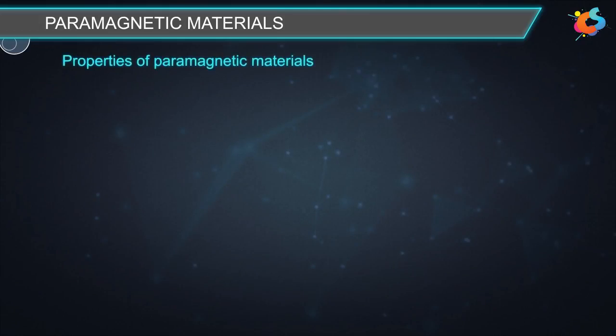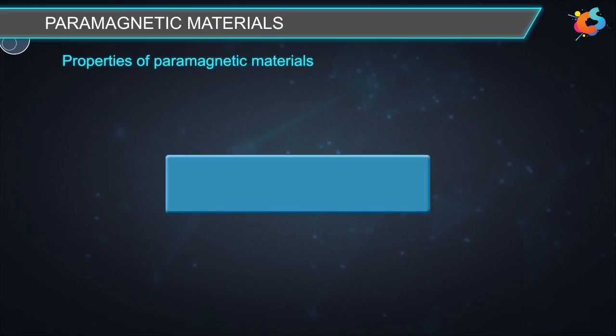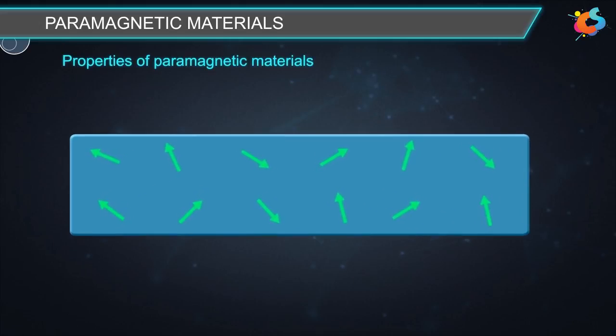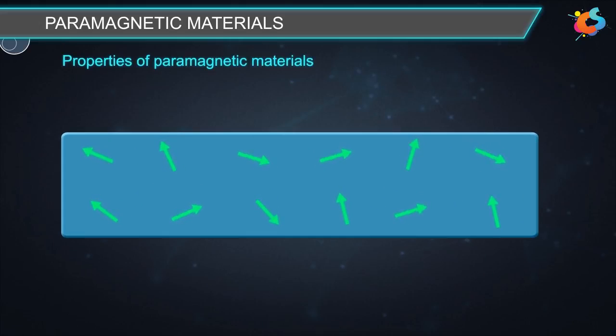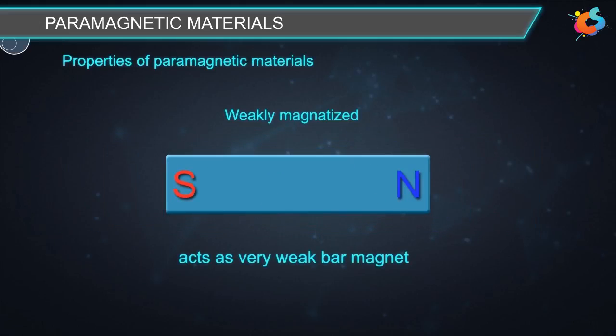Properties of paramagnetic materials. 1. A paramagnetic material is very weakly attracted by a strong magnetic field. 2. When a paramagnetic substance is placed in an external magnetic field, some of the dipoles inside the material align in the direction of the magnetic field. The material is weakly magnetized and acts as a very weak bar magnet with north and south poles.